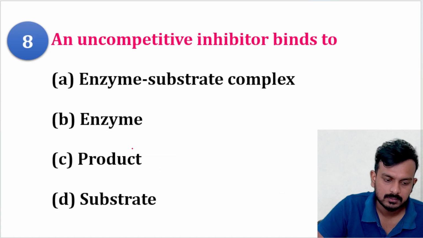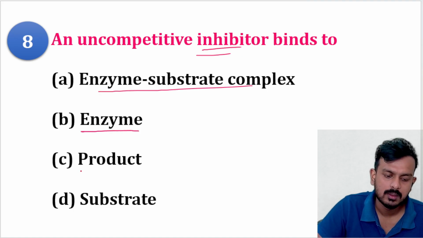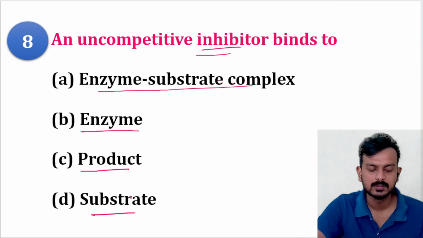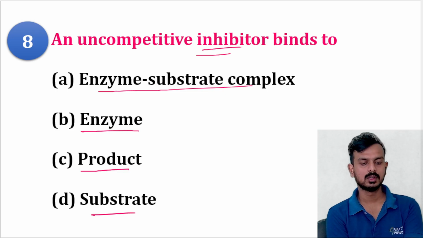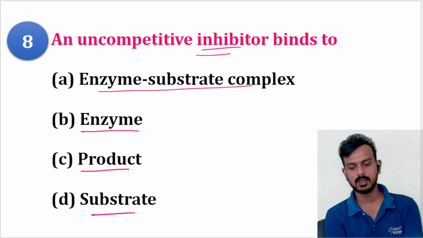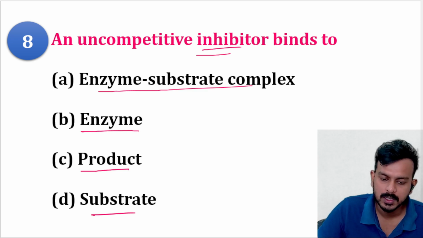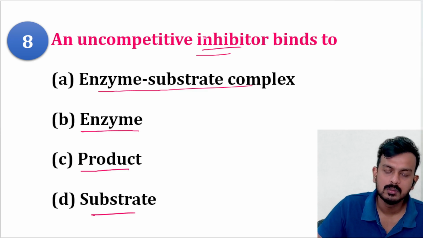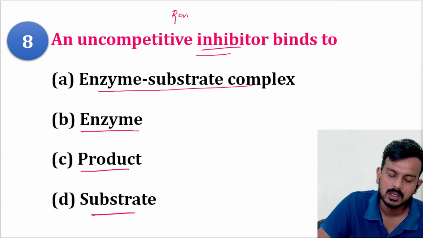Next question. A non-competitive inhibitor binds to enzyme substrate complex, only enzyme, only product, or substrate. First remember the difference between competitive and non-competitive inhibitors. Both come under the reversible inhibitor class.